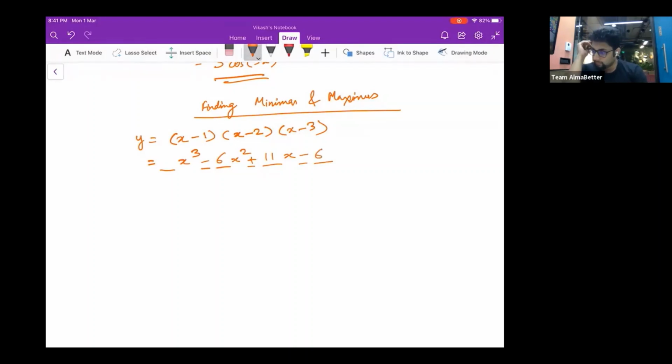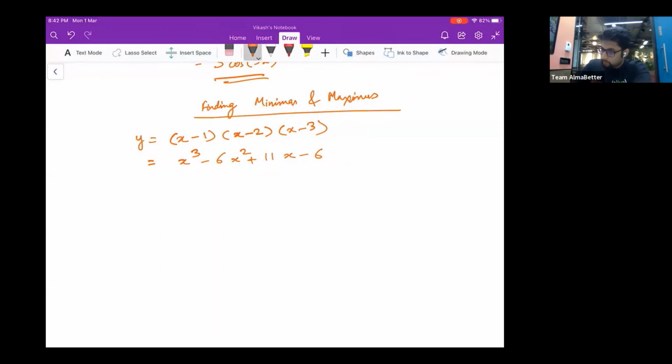Can you verify if this is correct? Okay, so let's move on to finding where the global minima and global maxima lie for this curve.